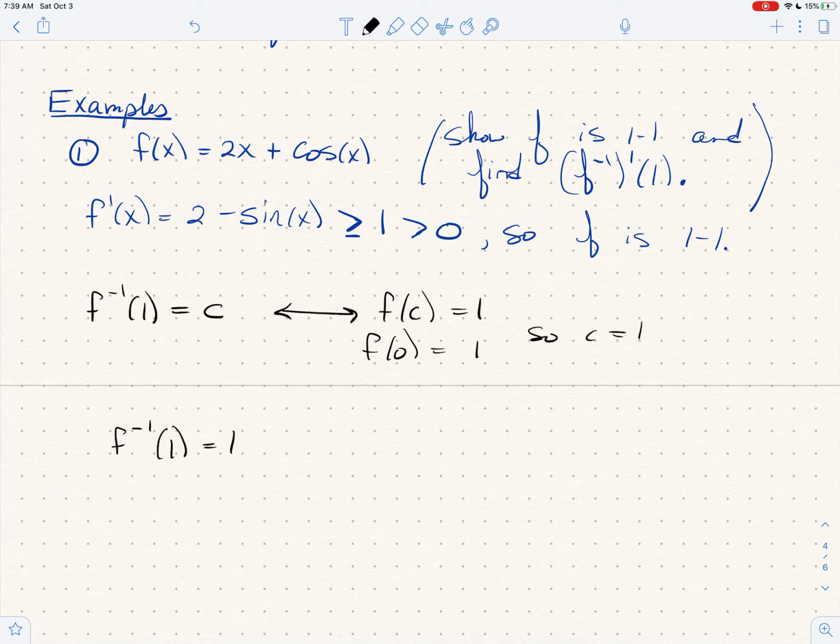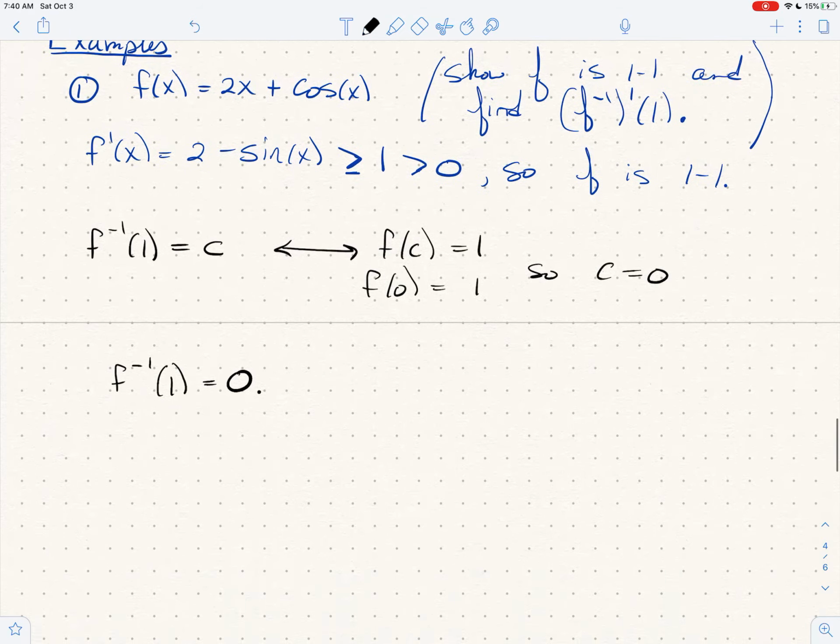Wait, I'm sorry, f inverse of 1 is not 1. Whoa. C equals 0. I don't know what I'm thinking. This is why you don't do math on a Saturday morning. So c equals 0. F of 0 is 1, so c equals 0, and so f inverse of 1 is 0. There we go. All right, I've got f prime, I've got f inverse of 1.